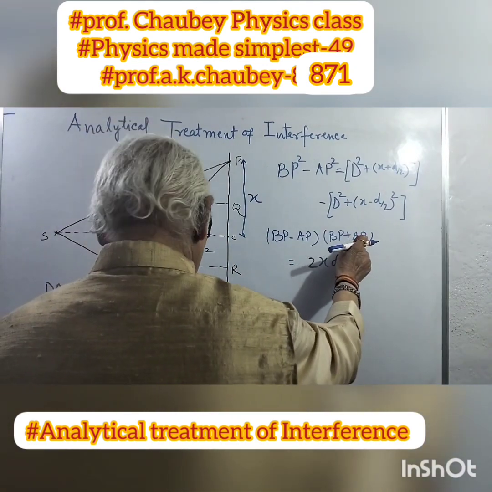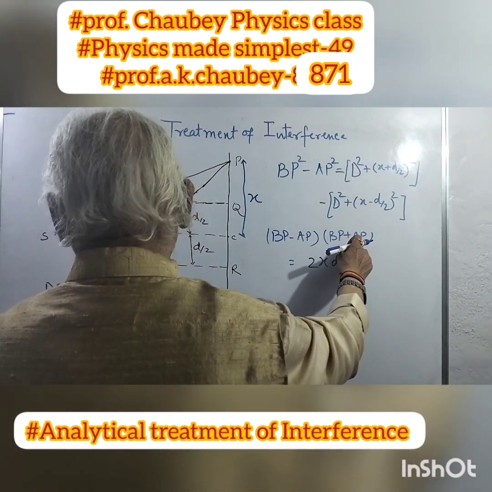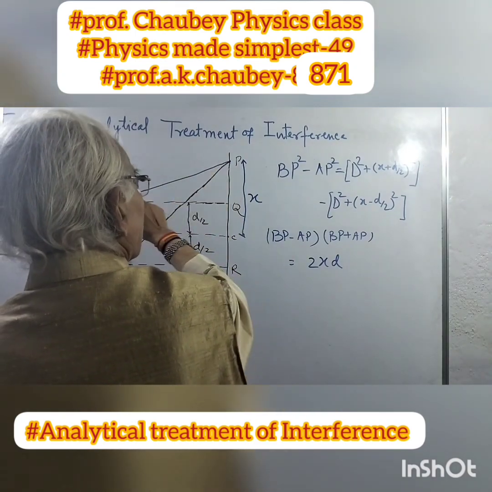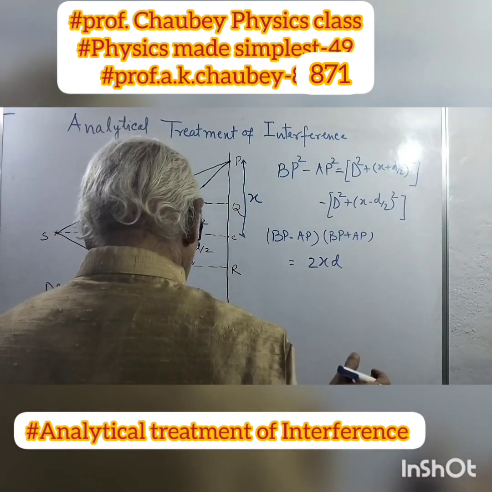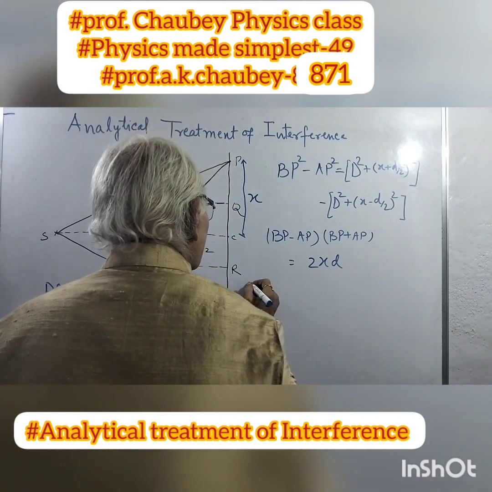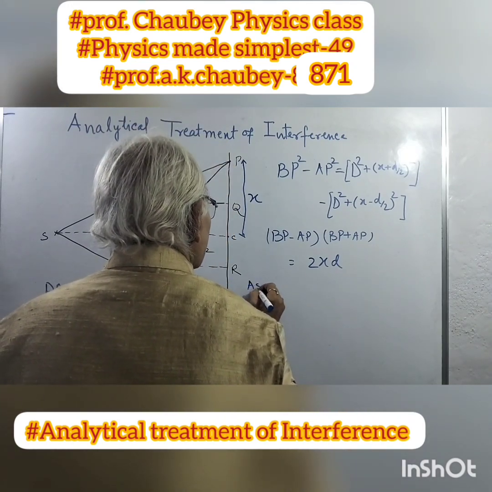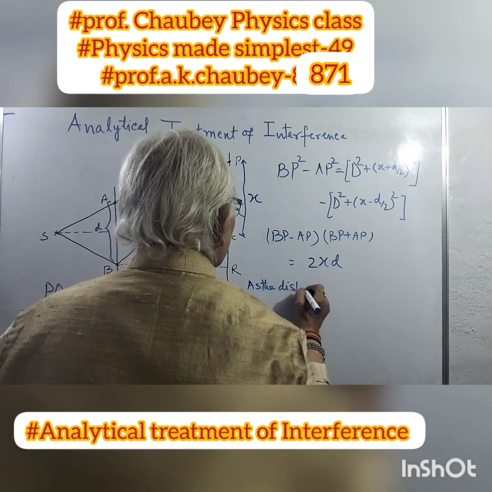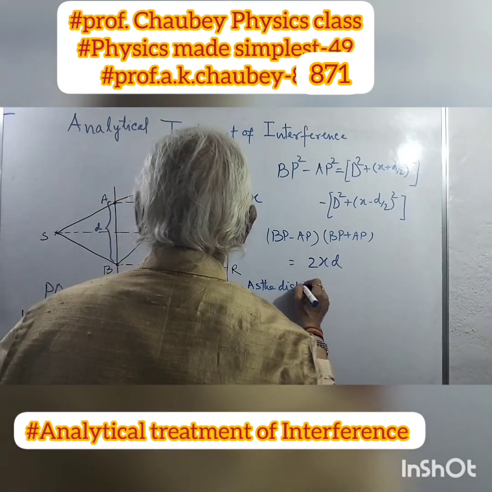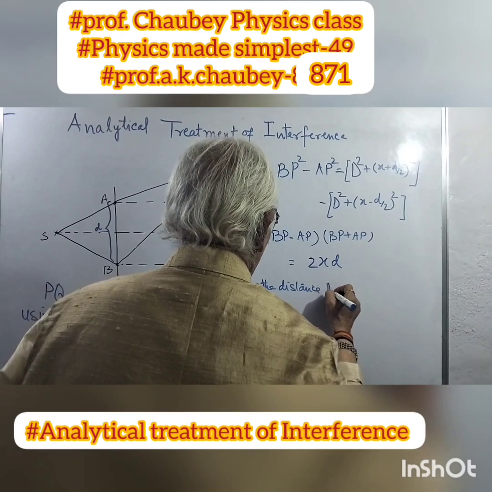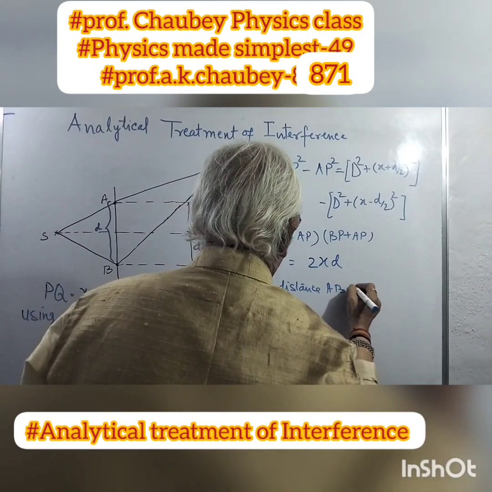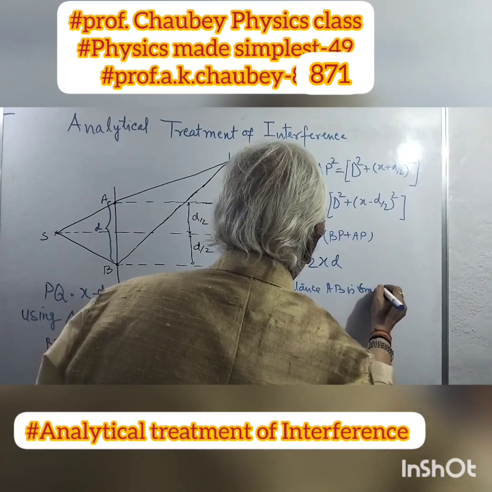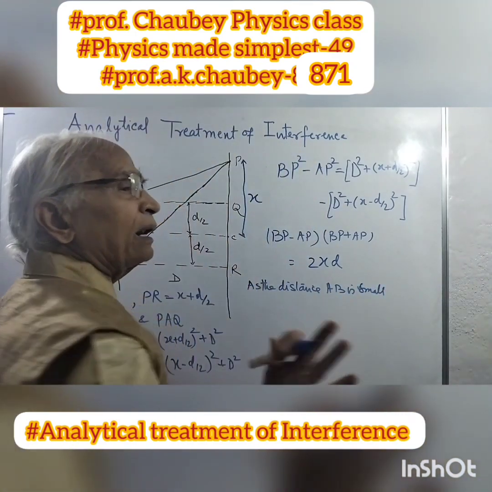And what is BP plus AP? BP plus AP and BP minus AP, and we take as the distances, as a distance AB is small, not very small, because the two slits are not far away.